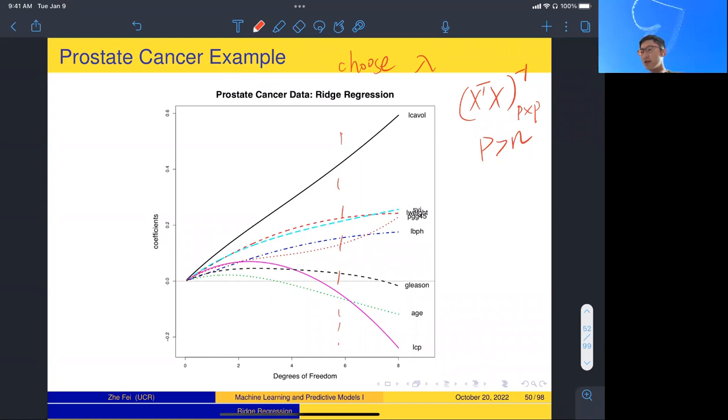Yeah, exactly. So to estimate this P by P inverse, and by the way, this inverse is called the precision matrix. Anyways, this is called the precision matrix.